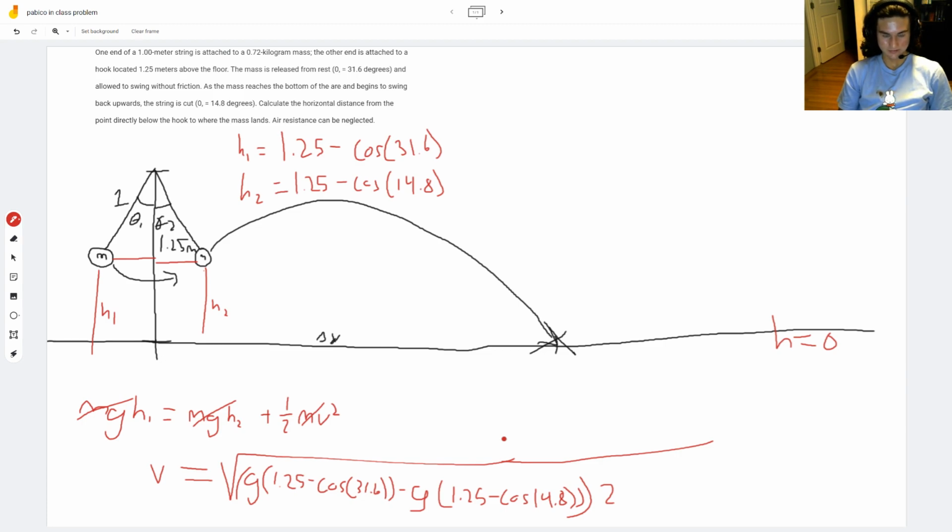Hardest part is plugging this all into a calculator. So 1.25 minus cosine 31.6, then minus 9.8 times 1.25 minus cosine 14.8. And I'll just shove in a few parentheses and see if I have it.